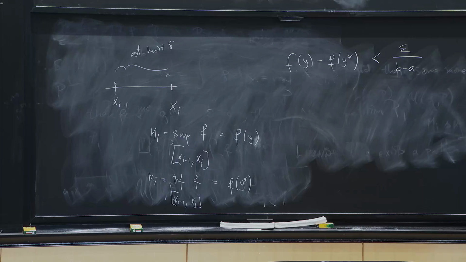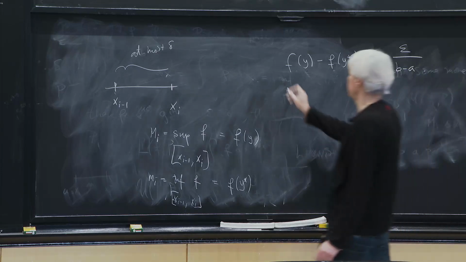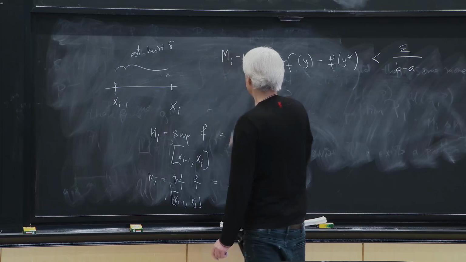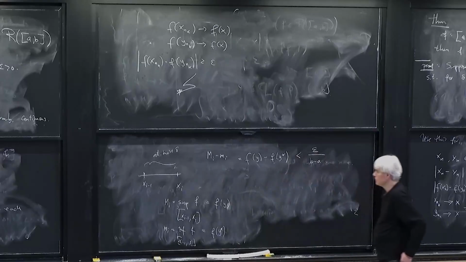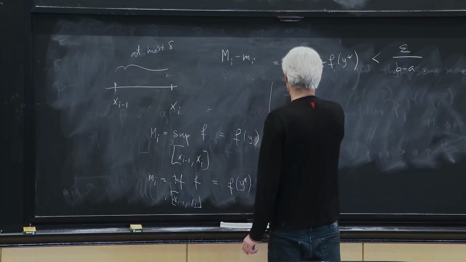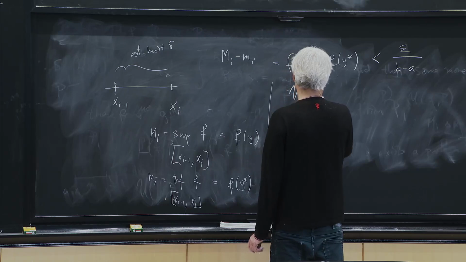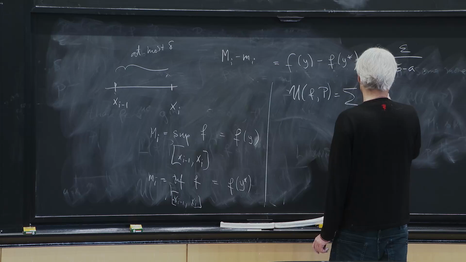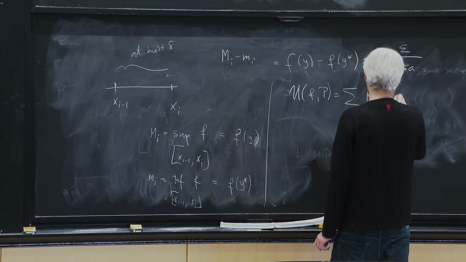Right? And so this here again is M_i minus m_i, like that. And so now let's look at the contribution. For the upper sum, we have that this here is the capital M_i times delta x_i.